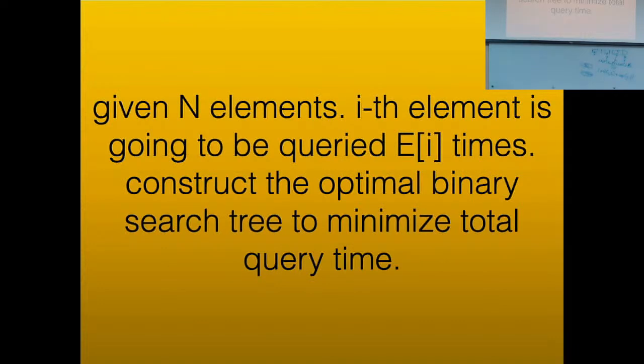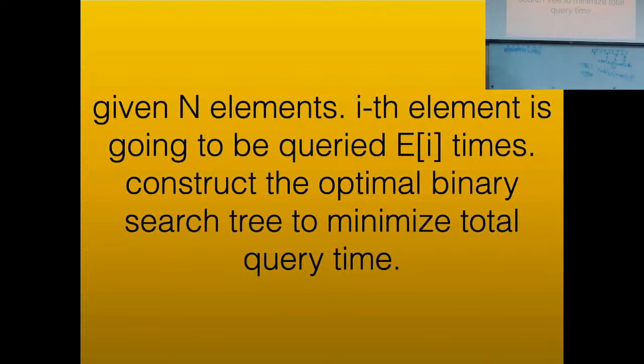The optimal binary search tree problem is: given n elements, we want to construct a binary search tree from these elements, and we know how many times each element is going to be called. So let's say these elements are sorted, and this is going to be called 10 times, 20 times, 10 times, 5 times, 2 times, 10 times, 7 times.